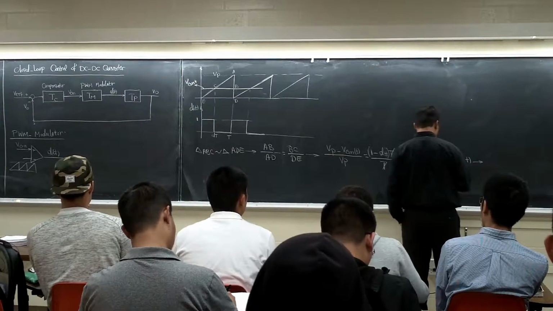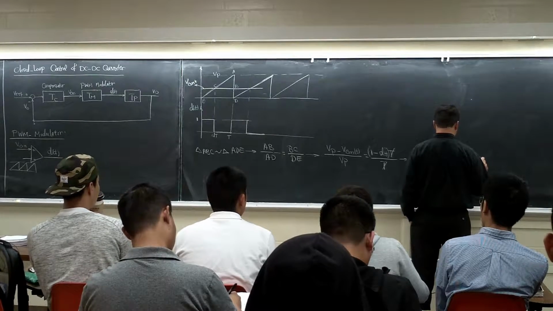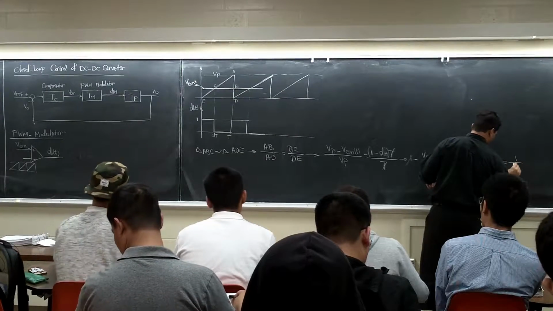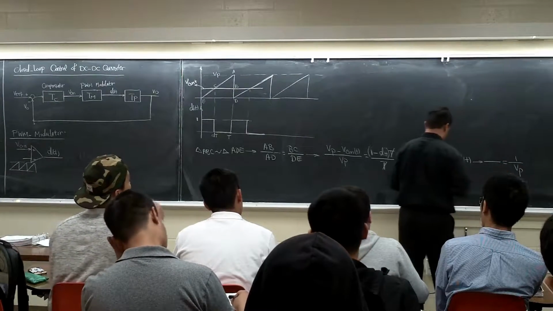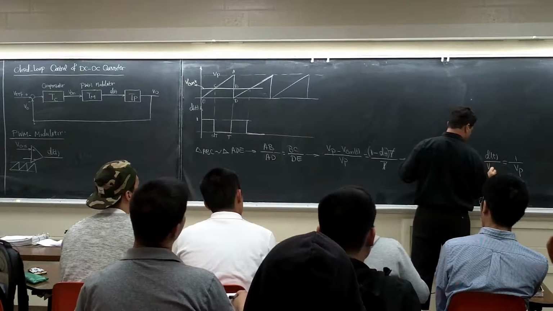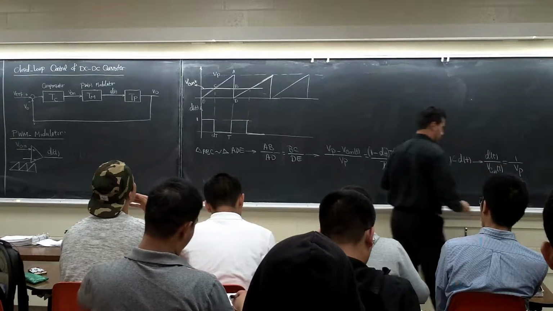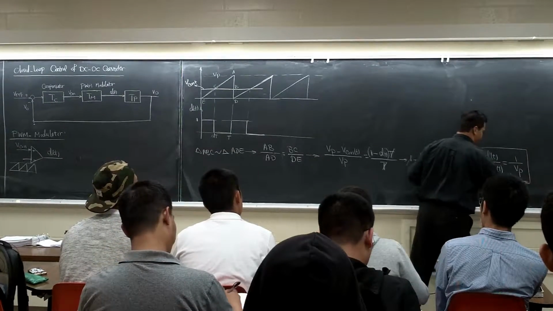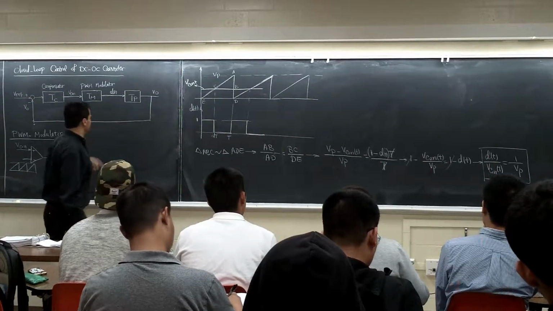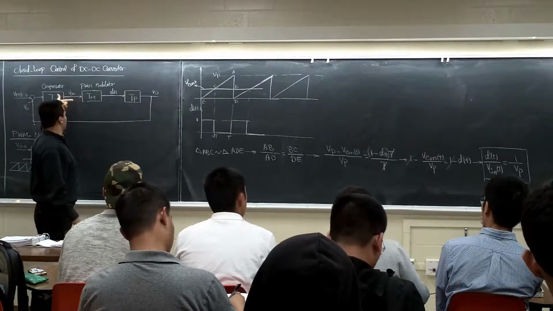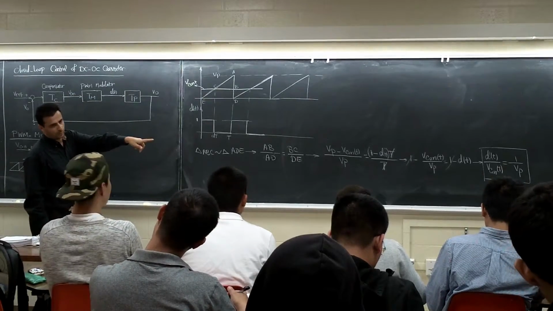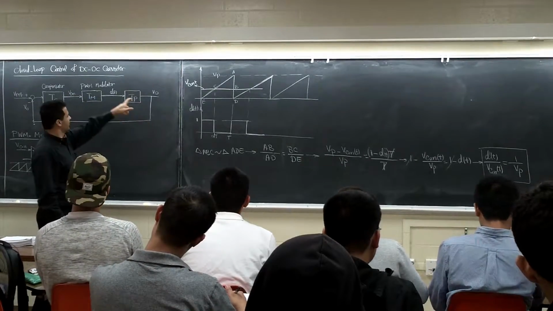So basically we're going to have 1 over VP. This is a transfer function of a PWM generator, right? This is a transfer function of the PWM generator. So basically here, whatever is coming here, right? I should times it by what? 1 over VP, right? And this is the DT.